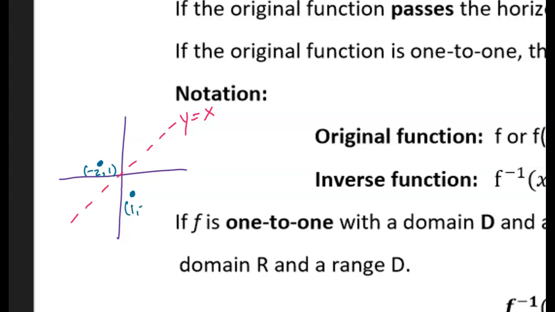Right, so there's two ways to think about it. Either reflecting over the line y equals x, or we just switched the x and the y value. That's all we did. In general, when you hear the word inverse, I want you to think immediately, switch x and y. Almost everything having to do with inverses flows from the concept that you are switching the x and the y.